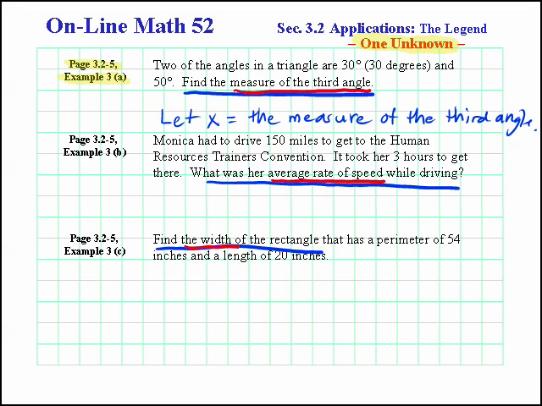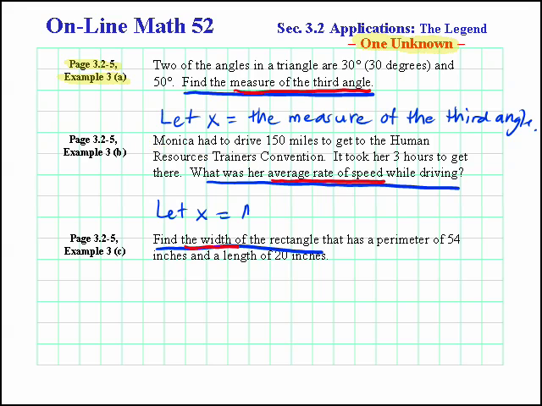In the next one, let x equal. Notice that we always are going to start the legend with let x equal. And that's just a nice mathematical way to say that we get a chance to assign the variable, and we're going to let x equal what? Well, this time it's going to be average rate of speed. I've underlined it in red here, average rate of speed. And it's actually going to be Monica's average rate of speed. So in our legend, we could even write that.